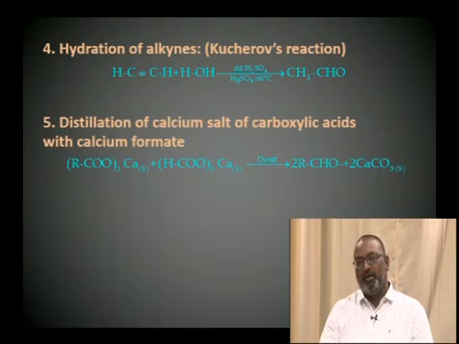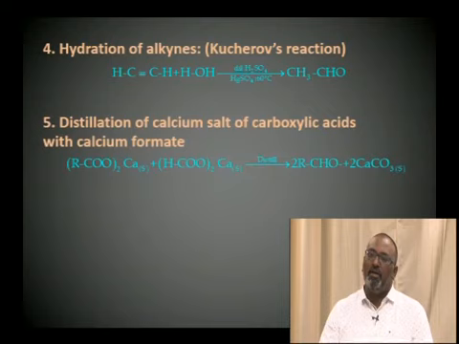Instead of calcium formate, if we use calcium acetate or any other salts of calcium, we produce ketones. So we have to remember that if we use calcium formate, we produce aldehydes. If calcium formate is not used, ketones will be produced. This is generally called dry distillation of calcium salts of carboxylic acids.